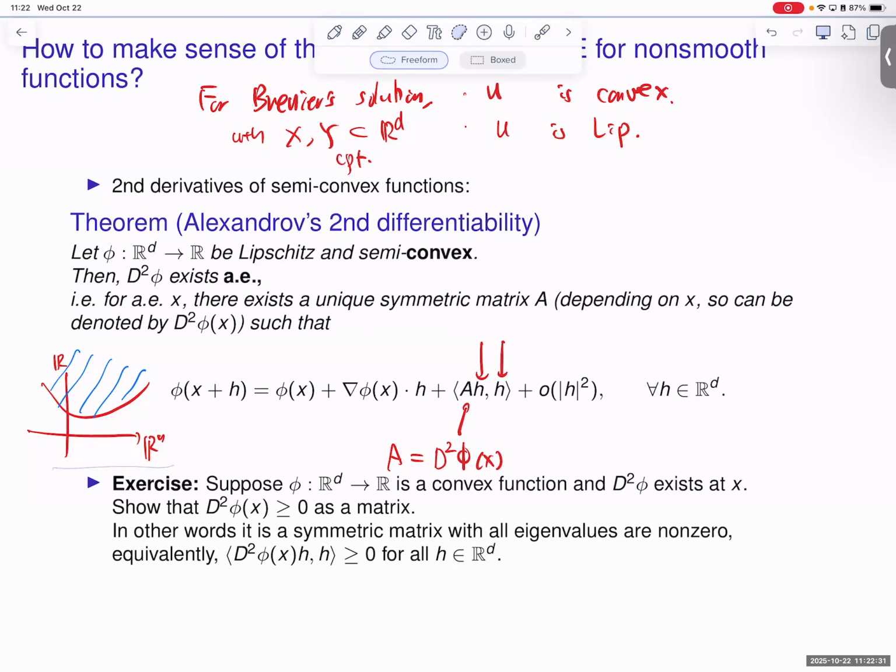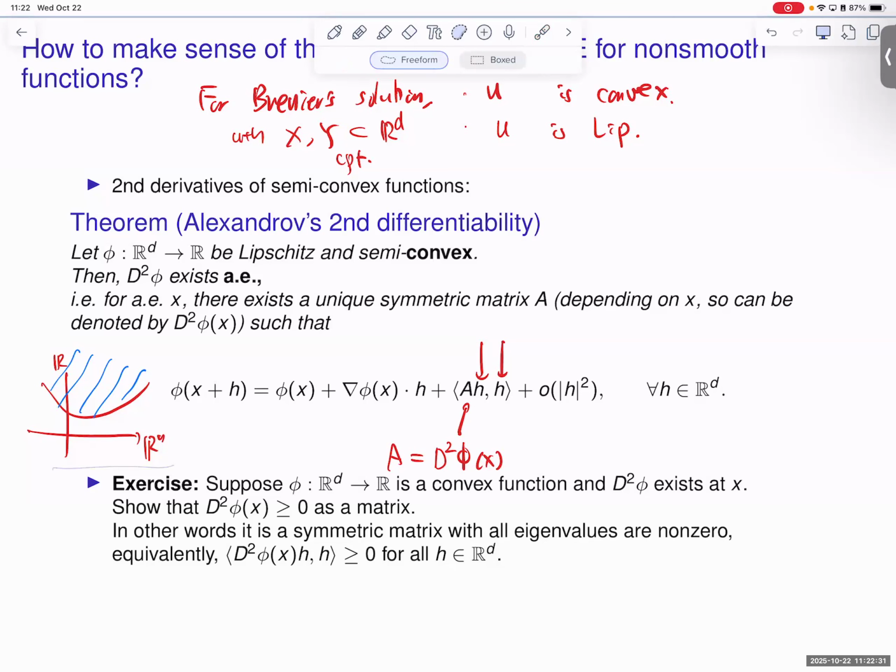Maybe, did I understand your question well? Yeah, basically. Yeah, thank you. Yeah, so the point is that this is a general theorem. Basically, for any convex function, you can write down this for almost every x.